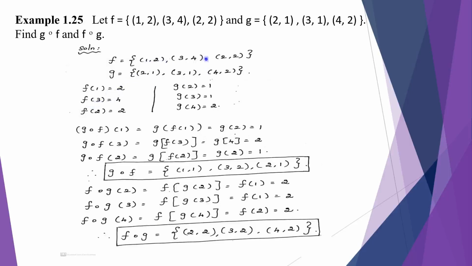Similarly, f of 3, we will get 4. So f of 3 equal to 4. Then f of 2 equal to 2. Like that, for G, G of 2 equal to 1, G of 3 equal to 1, G of 4 equal to 2. After defining this, we are going to find the answers for G composite F.